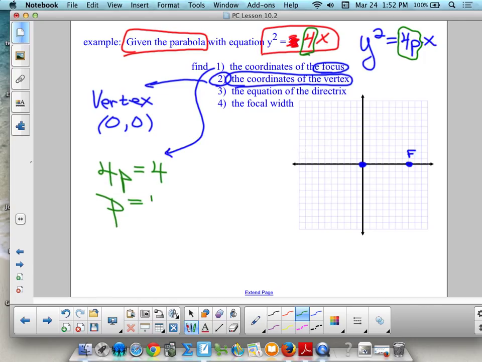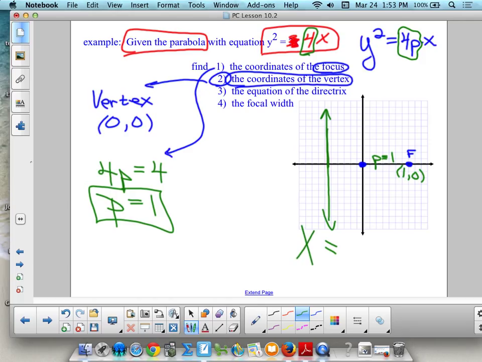P must be what? 1. So the focus is really 1, 0 with a p-value of 1. Which leads me to believe the directrix is what? X equals -1. There it is. Okay? Because the p-value is 1 this way and 1 this way.